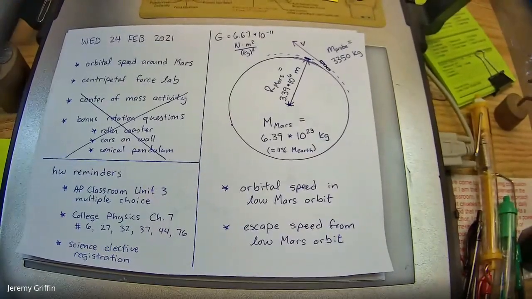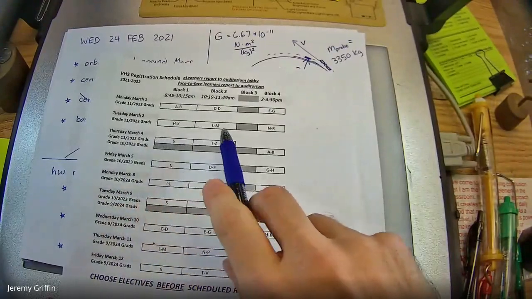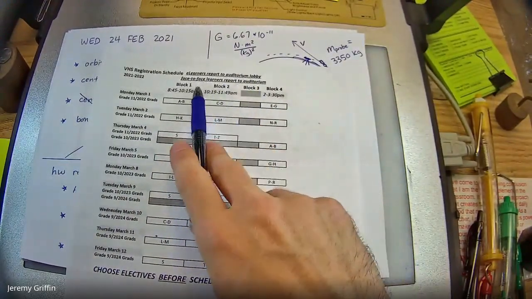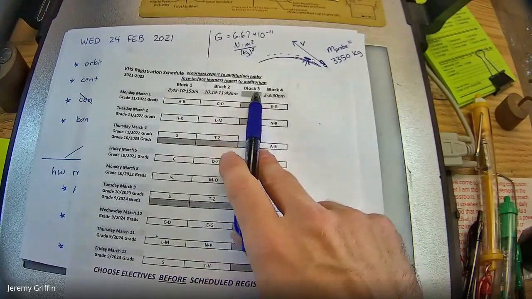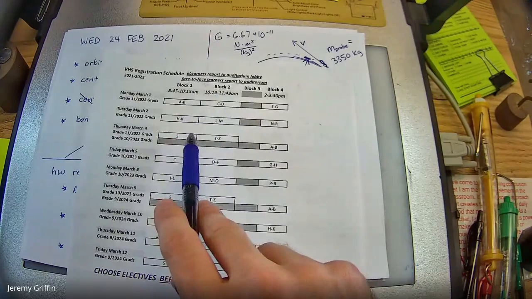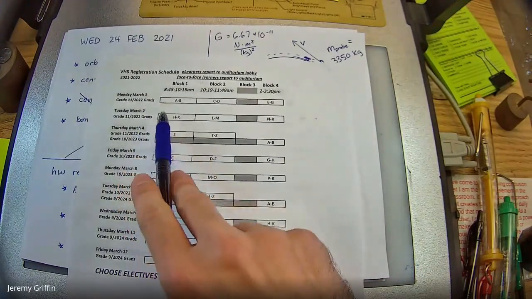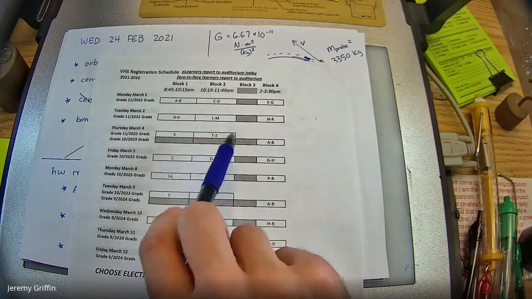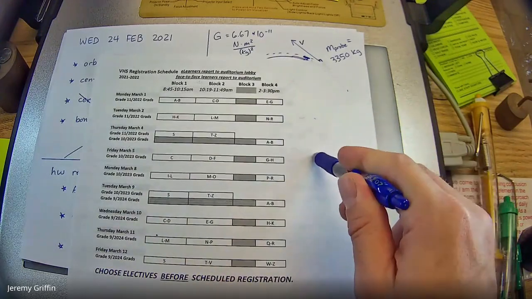Also, along with that, starting March 1st, you guys are going to be going to either the auditorium lobby for e-learners or the auditorium itself if you're in class for registration. Most of you guys are class of 2022, which is going to be March 1st, 2nd, and 4th. Right? And then you go by last name. So block 1, block 2, block 4. Okay. This is also posted to Google Classroom.